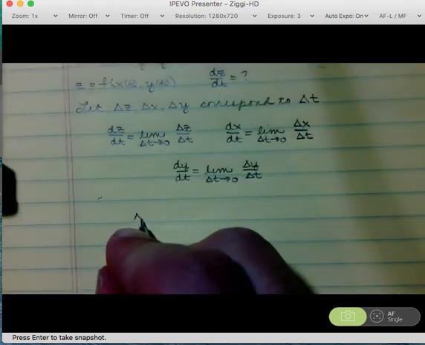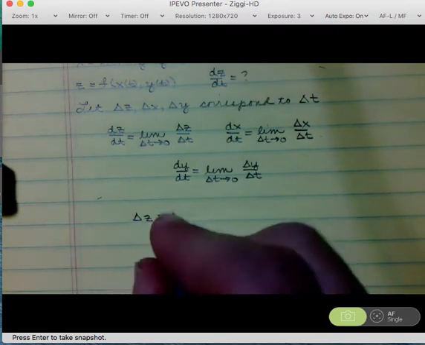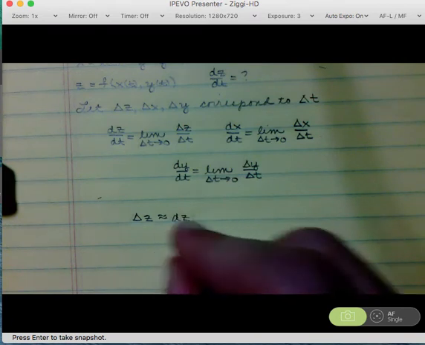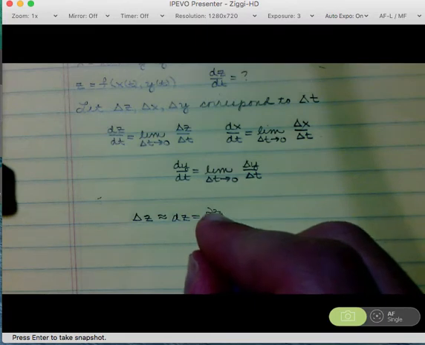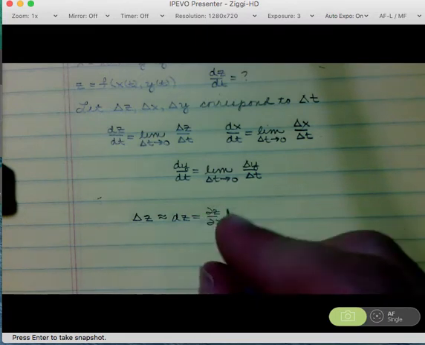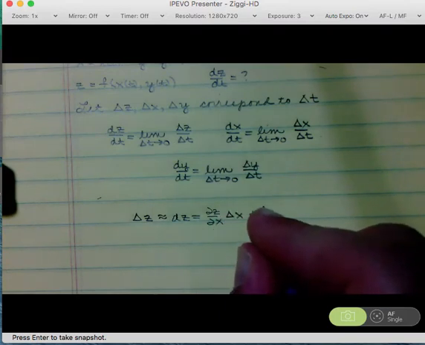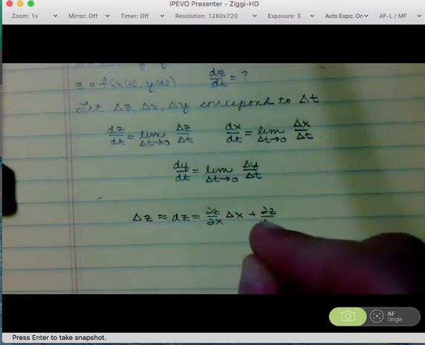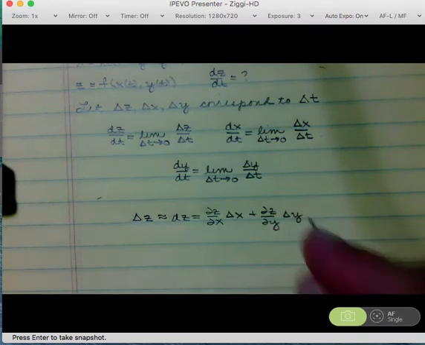Now let's recall that delta z can be approximated by the total differential dz, which is defined to be the partial of z with respect to x times delta x plus the partial of z with respect to y times delta y.